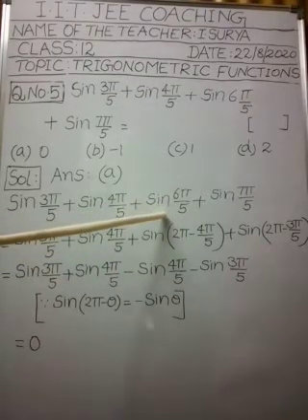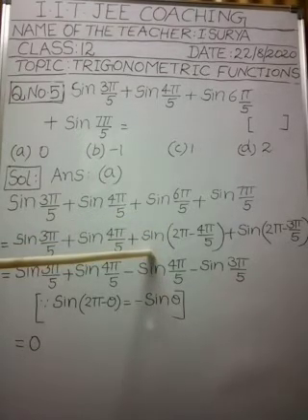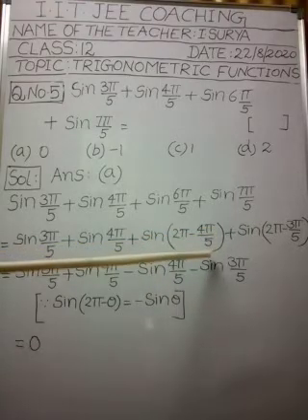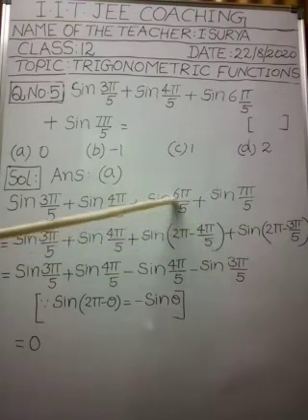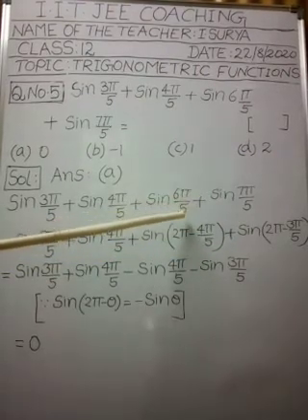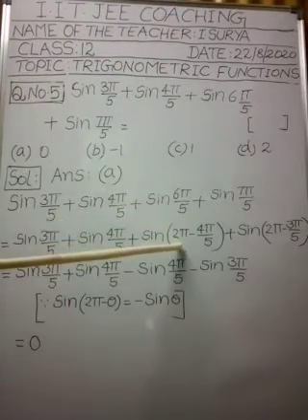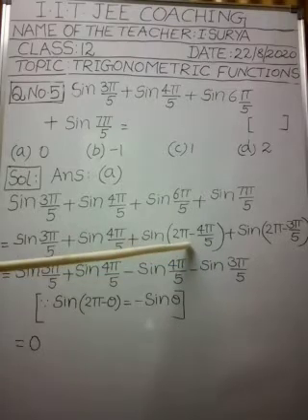See this third term, sine 6 pi by 5. I wrote sine 6 pi by 5 as sine of 2 pi minus 4 pi by 5. If you simplify these two numbers, you get again 6 pi by 5 only. That is why I wrote here 6 pi by 5 as 2 pi minus 4 pi by 5. Understood this third term, my children?